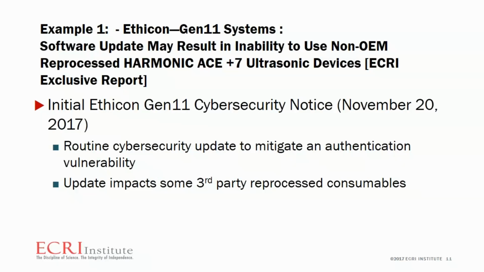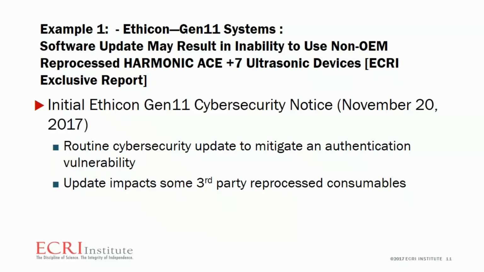So first example is the Ethicon Gen11 related cybersecurity notice. If you're not familiar, Gen11 is a generator used in the operating rooms with relevant handpieces, and Ethicon came out last November with a cybersecurity notice that required healthcare facilities to move forward with a software update.